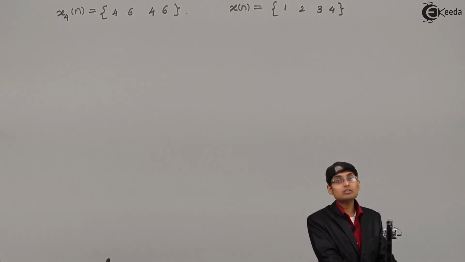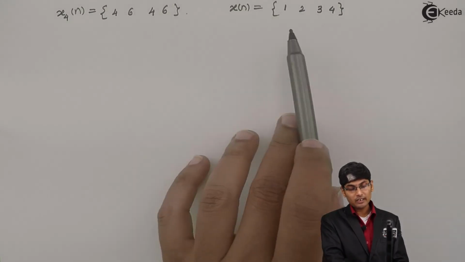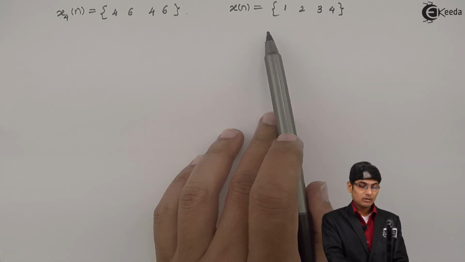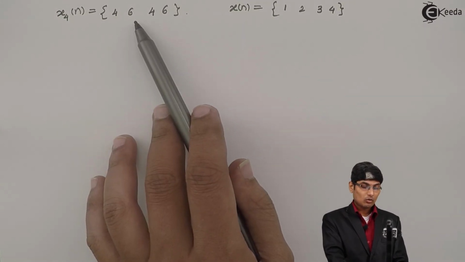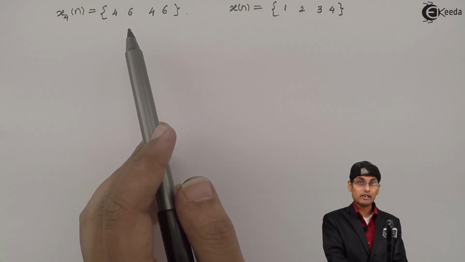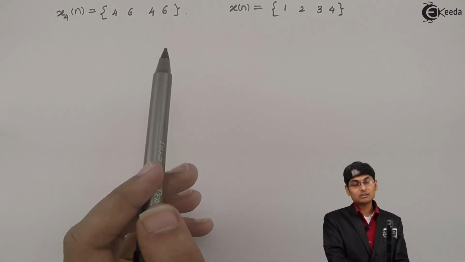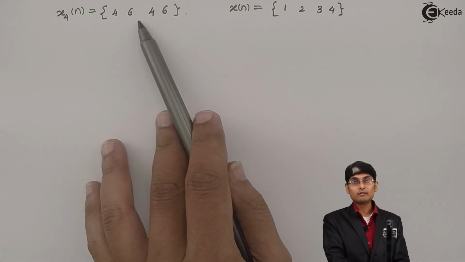Now, looking at these two sequences, I cannot say that there is any direct relation between x4 of n and x of n, okay, because we do not see any 1, 2, 3, 4 going around in x4 of n. So, by time shifting I am not going to achieve x of n directly. So, there are some other operations that need to be performed on x of n to get x4 of n.